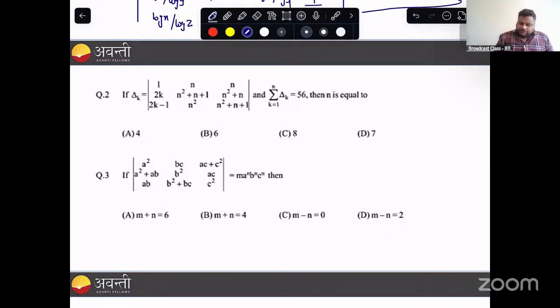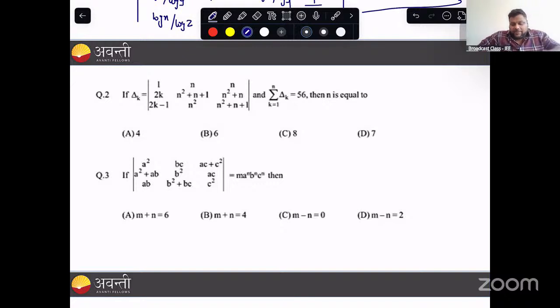See, in this determinant delta k, two rows are there which are independent of k. That means only one row matters to me.